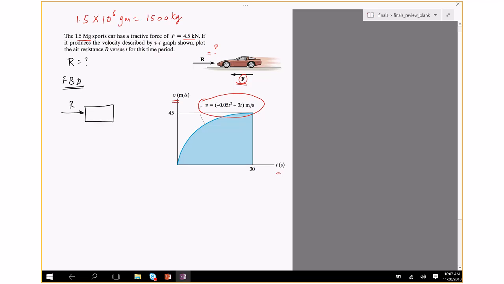Resistance force opposes motion. The traction force helps to move forward. In this case, the acceleration is obviously going to be to the left. And so, equations of motion: F minus R equals mass times acceleration.